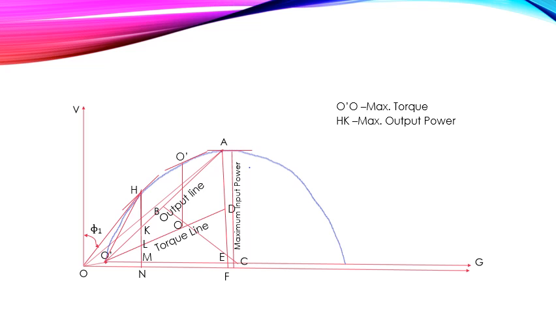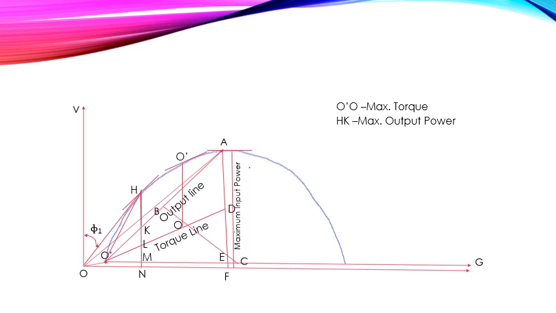Then to get the maximum input power, drop a perpendicular from point A. And how to get the point A? Draw a line parallel to the O dash G or OF, then that will be tangent to the semicircle, right?